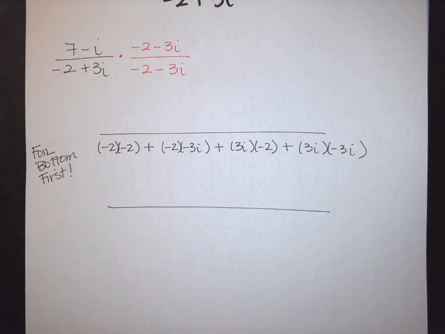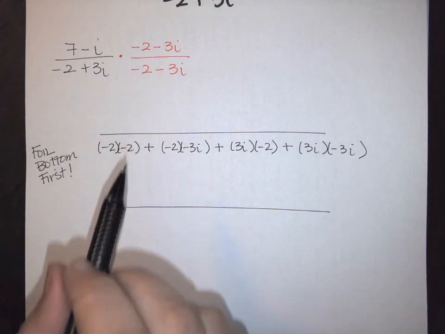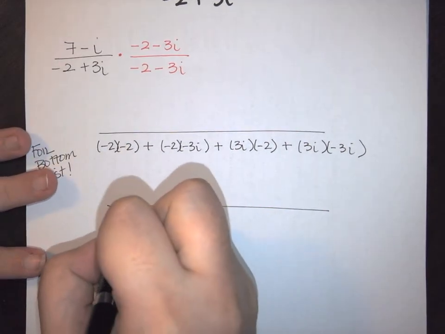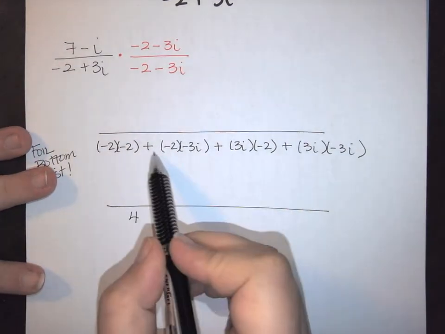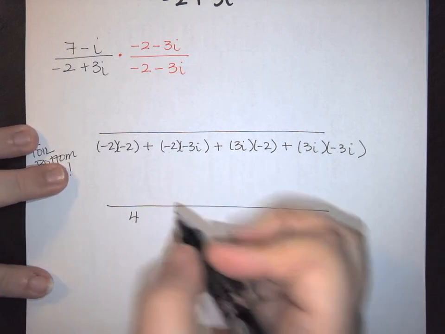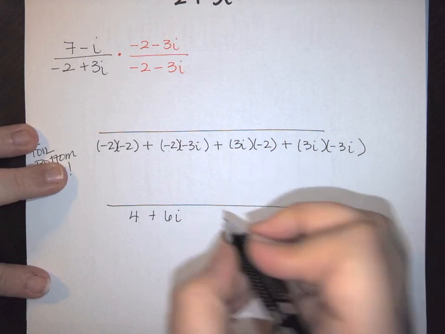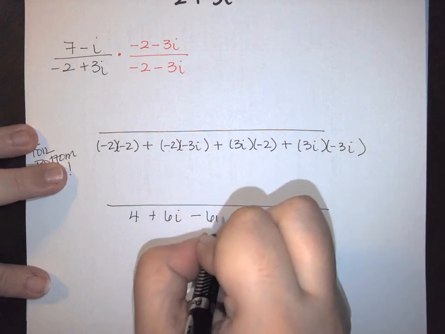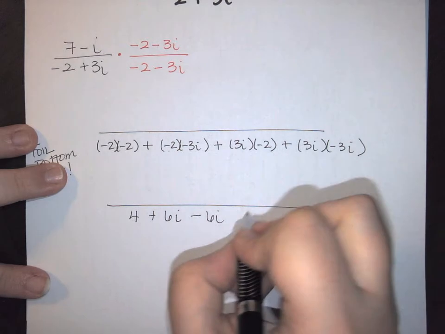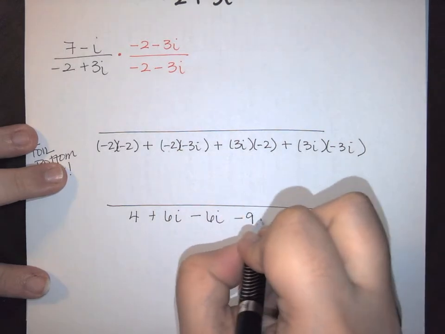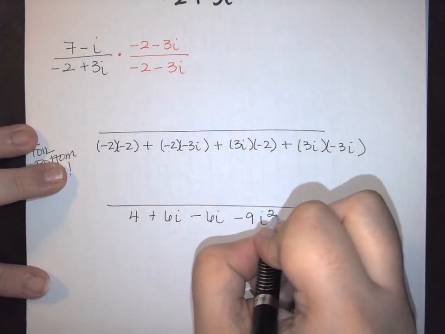So when I'm looking at it, negative 2 times negative 2 is 4, so this becomes a 4. I have negative 2 times negative 3 is a positive 6i. 3 times negative 2 is a negative 6i. 3 times negative 3 is a negative 9. i times i is i squared.